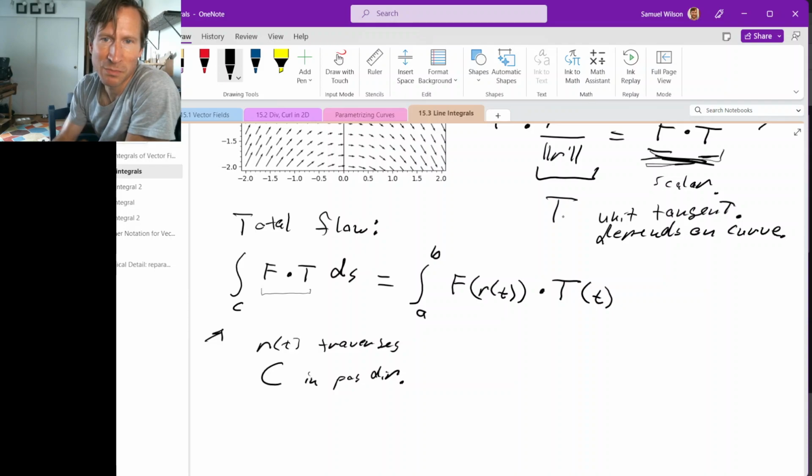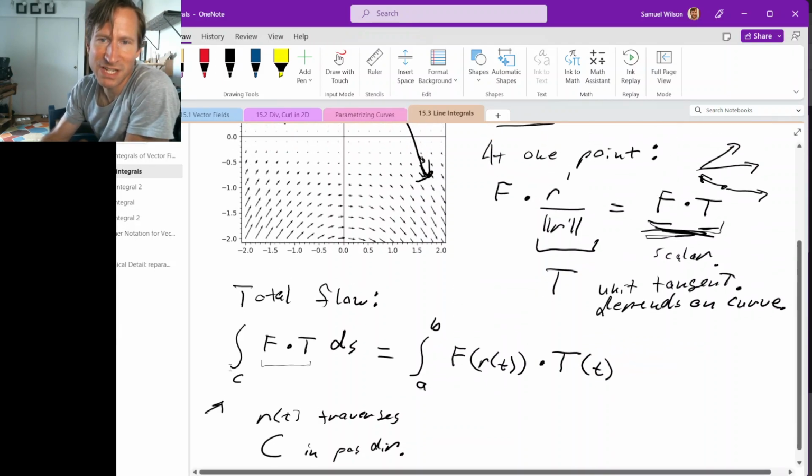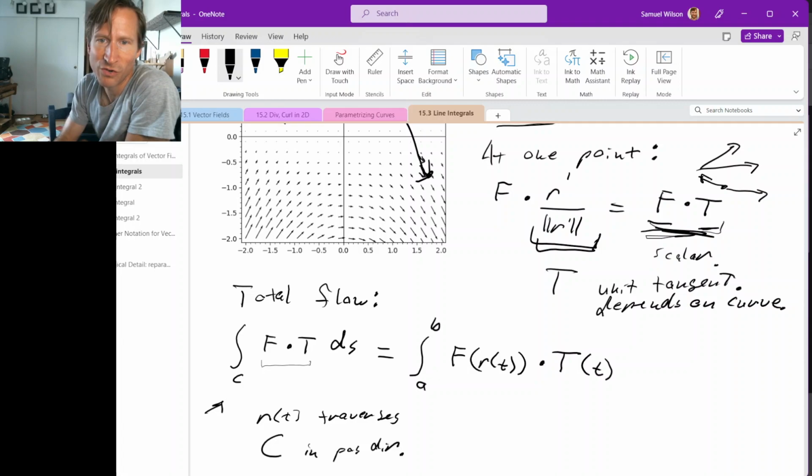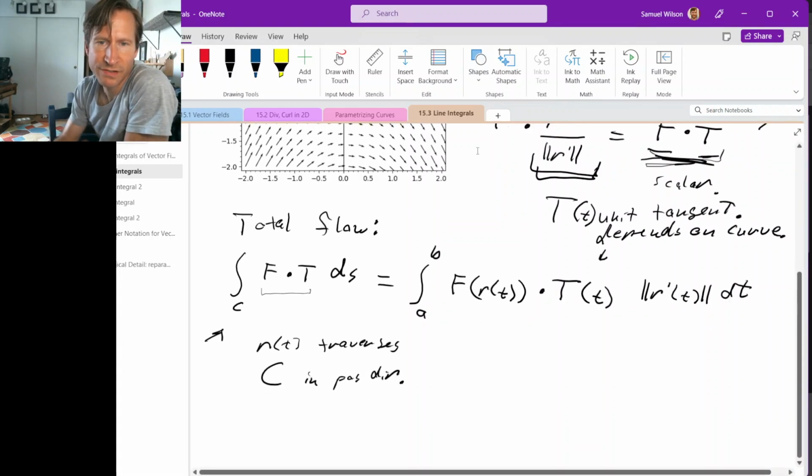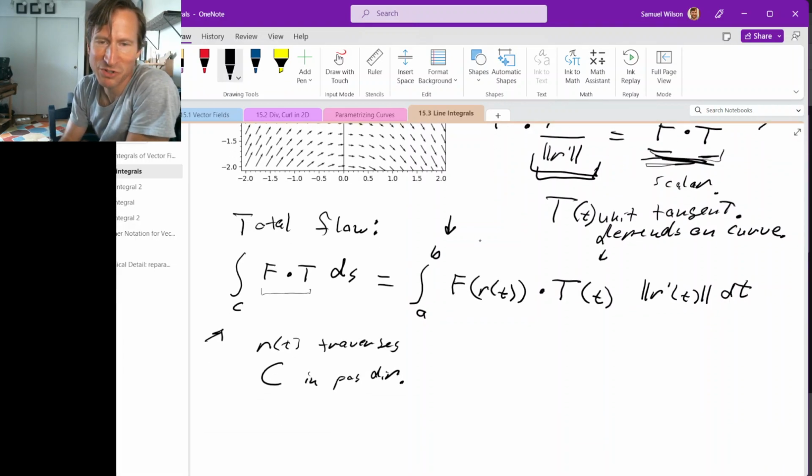So remember that capital T is r prime over the length of r prime. Since r prime is a function of time, little t, that means capital T is also a function of time, little t. So we put time here. And then ds, well, remember ds is the magnitude of r prime times dt.